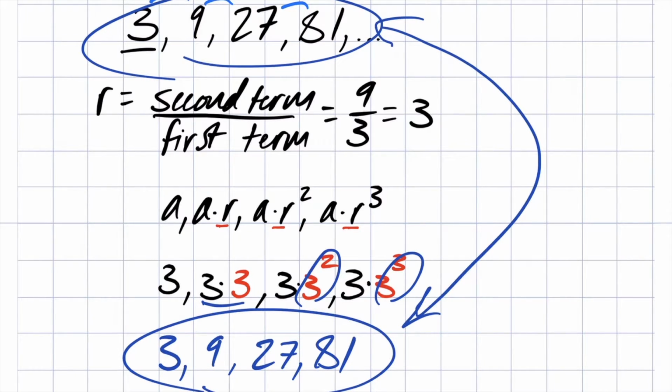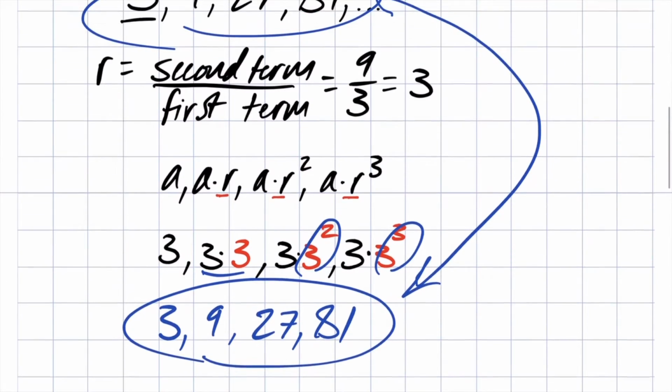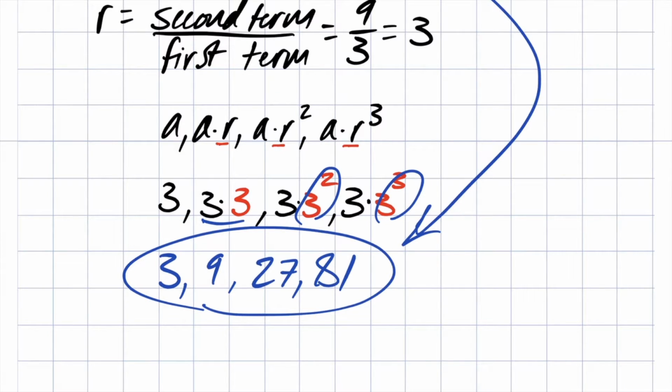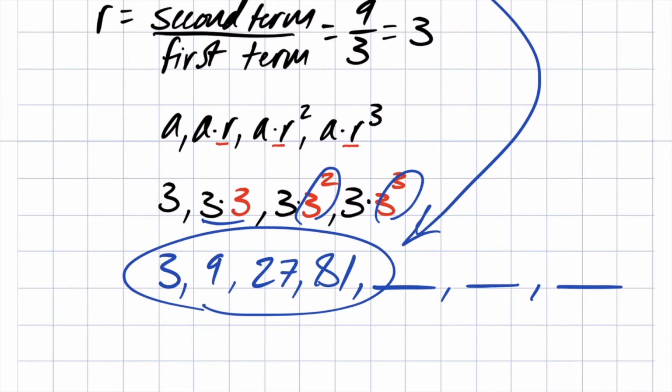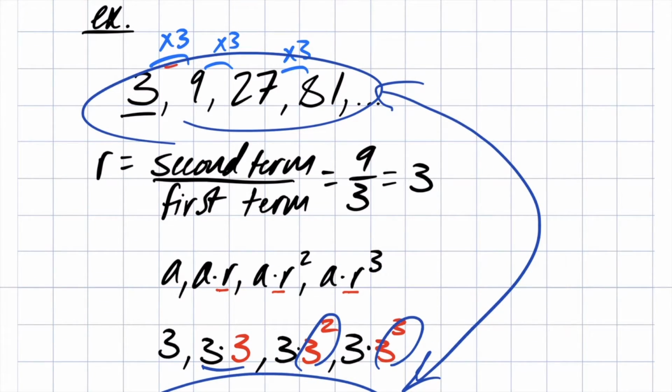Same thing. Okay? So I guess depending on what the question asks you, the question may say, find the next 3 terms. So you can do one of 2 things. If that's the case, you can say, okay, I know that, like here, it jumps by 3 every time.